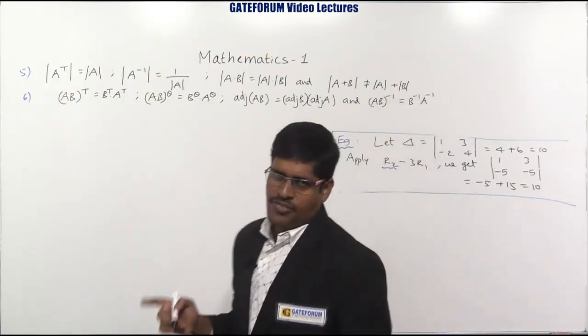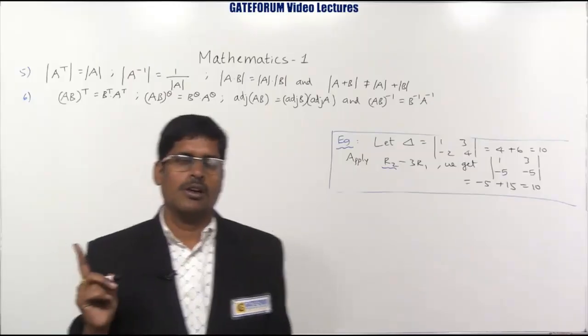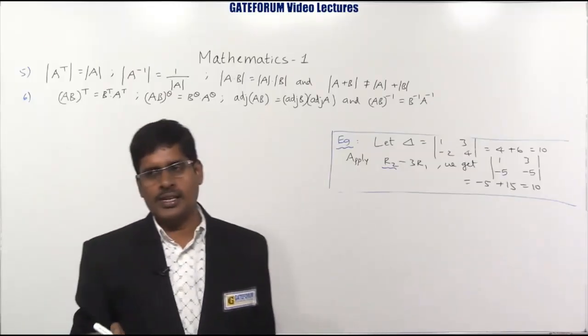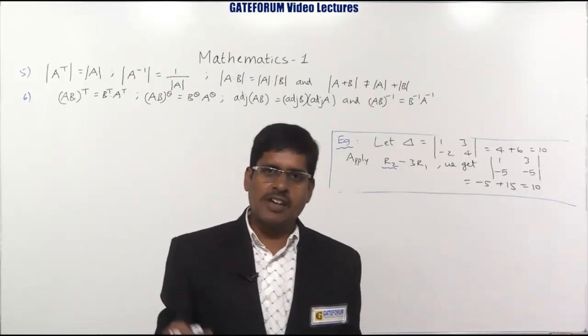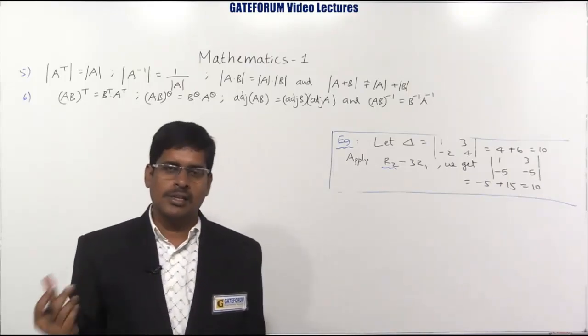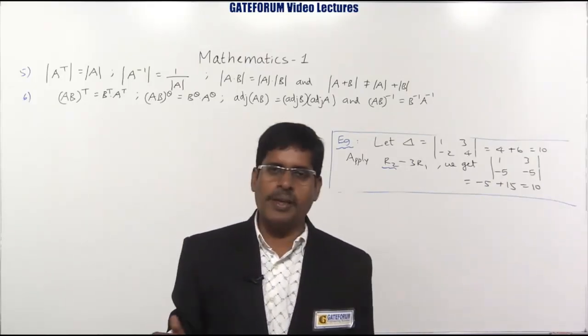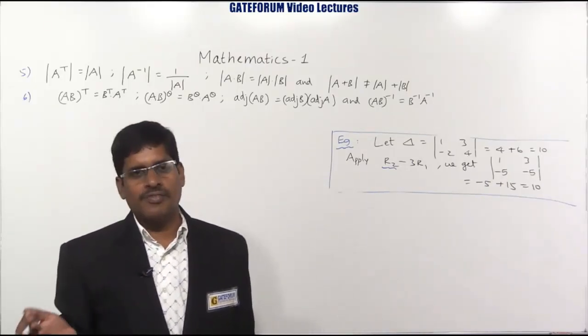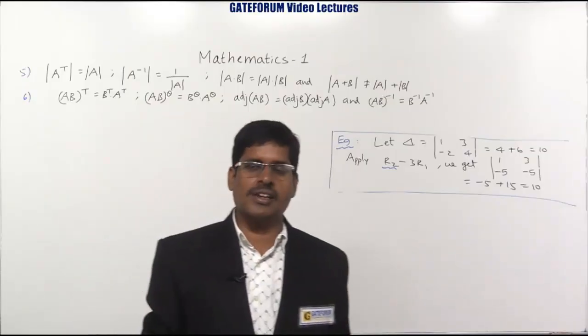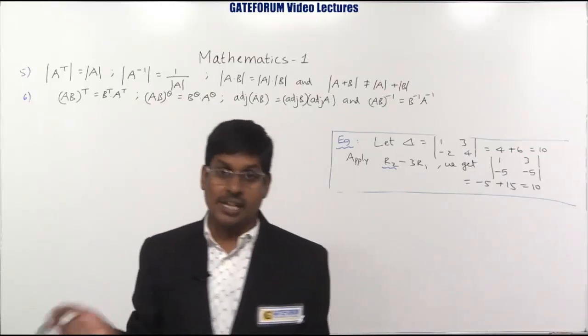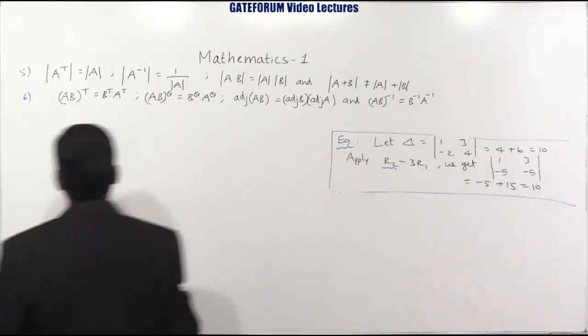In all these four definitions, transpose, conjugate transpose, adjoint, inverse, the answer for the product is the product of their inverses, transposes, or adjoints in reverse order. Okay. Next.